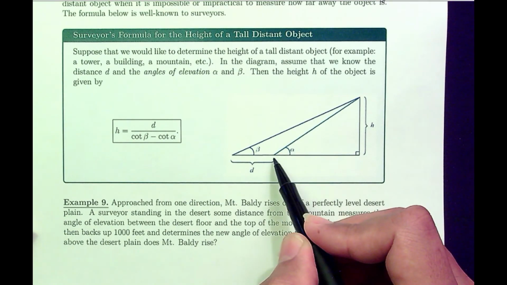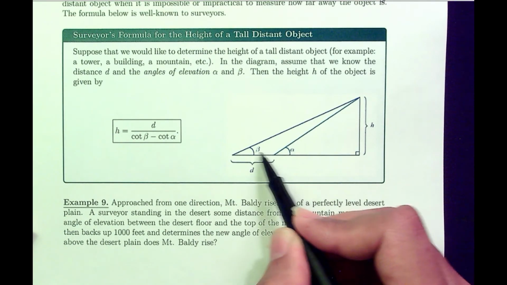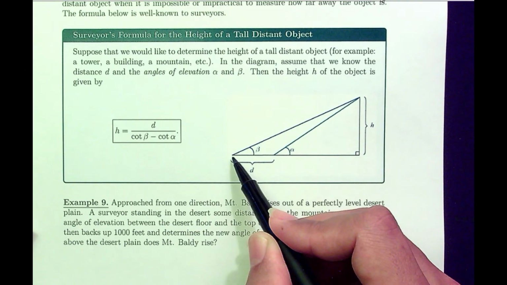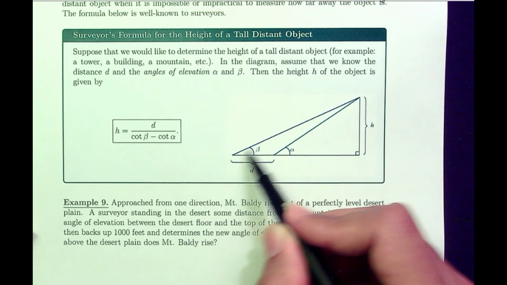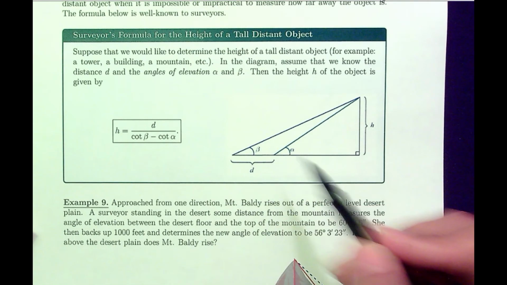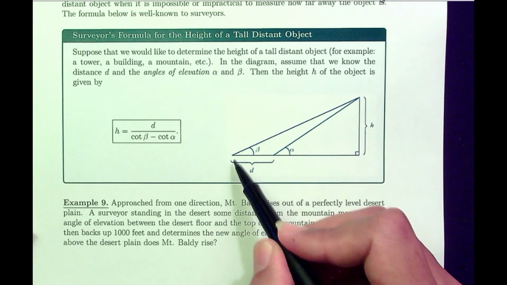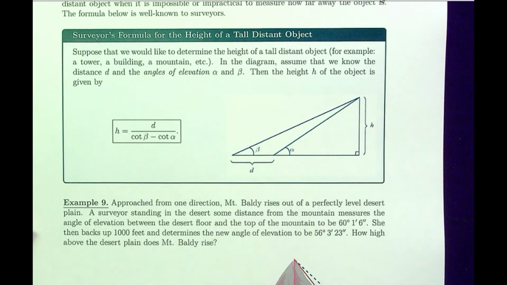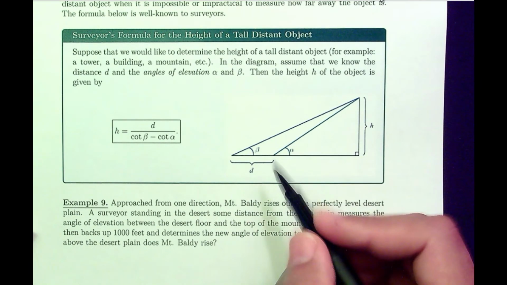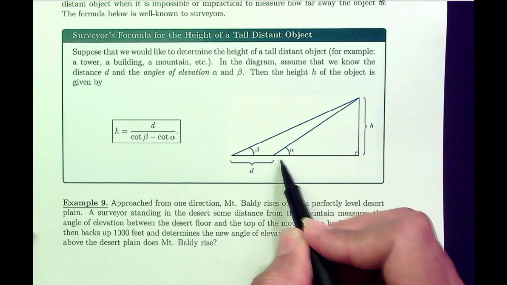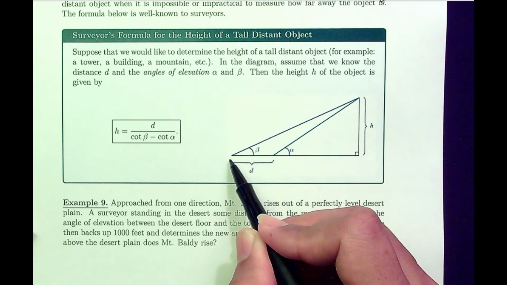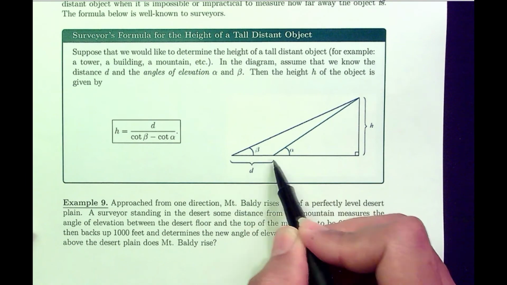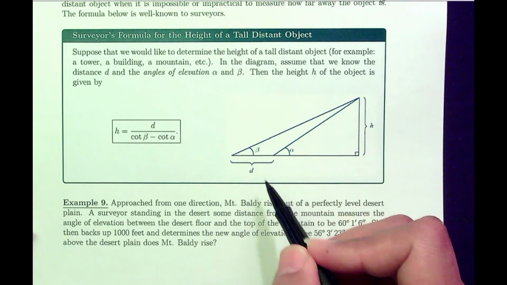And then they walk a distance further away, and then they measure the angle again. And they take note of it, beta. And of course, they could have started with this one and then walked forward and measured again. The order does not matter, but you have two angles. And then you can take note of how much you walked from here to here, and that distance is d.